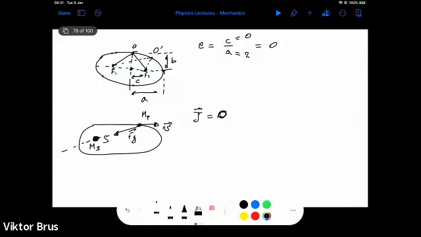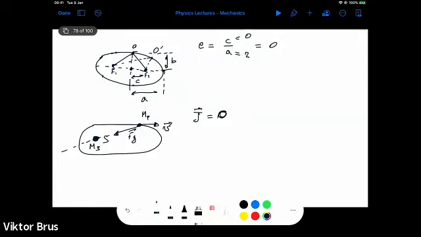Because in order for it to be not equal to 0, it should have some force arm. But in this case, the force arm is equal to 0 because our force is a central force, which goes towards the point where the axis crosses the plane of the image.